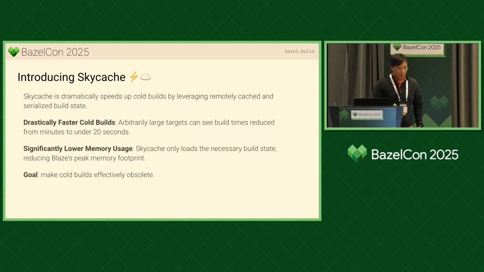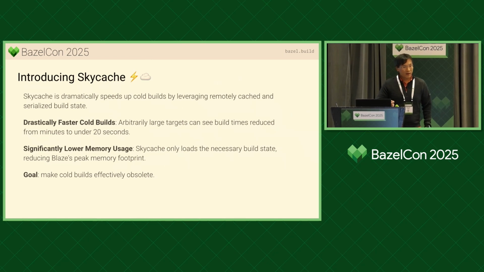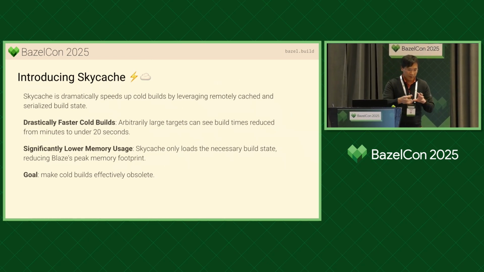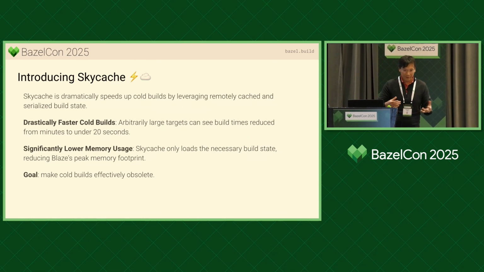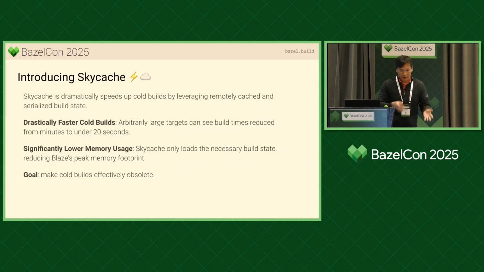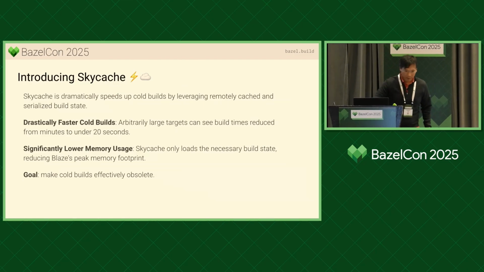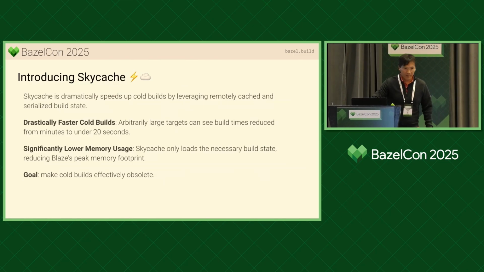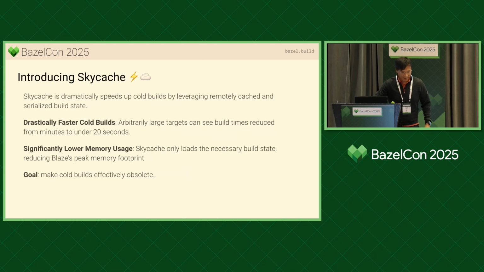And then it's way less memory usage, because we're not pulling the entire state of the build graph into memory, but only the top part of the graph that is needed to get the results. It's very similar, in a sense, to build without the bytes, only outputting the top-level runfiles. And we want to make cold builds obsolete.